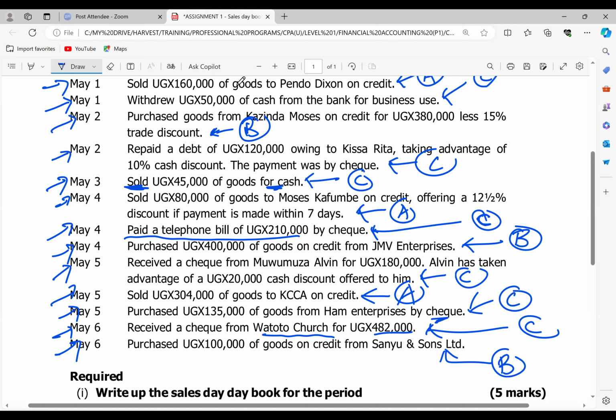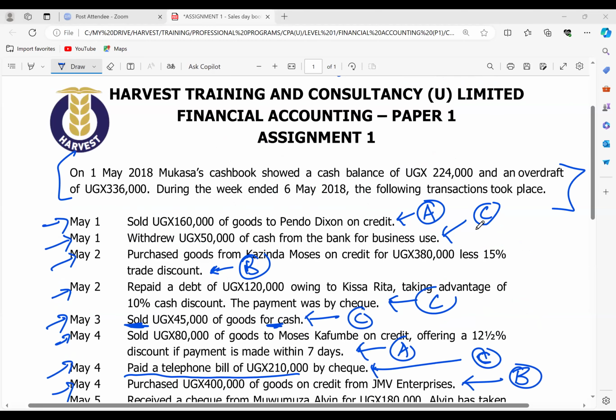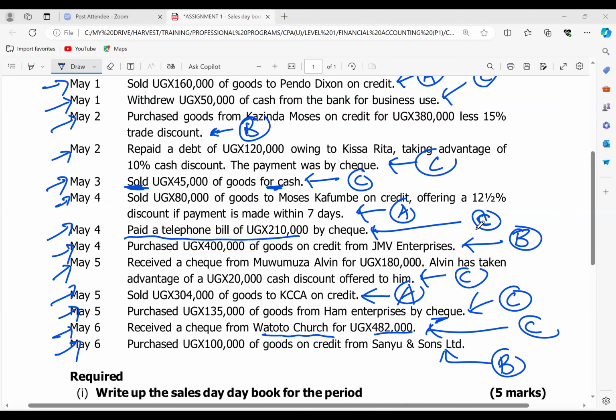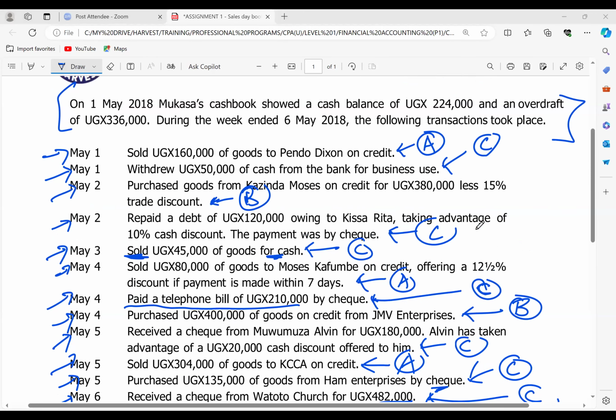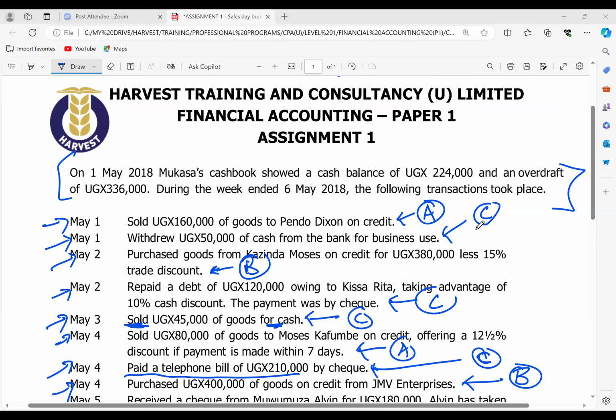Thank you so much. Okay, now what we are going to do, we are going to prepare statement by statement. Let us begin with the sales day book. How will the sales day book look?